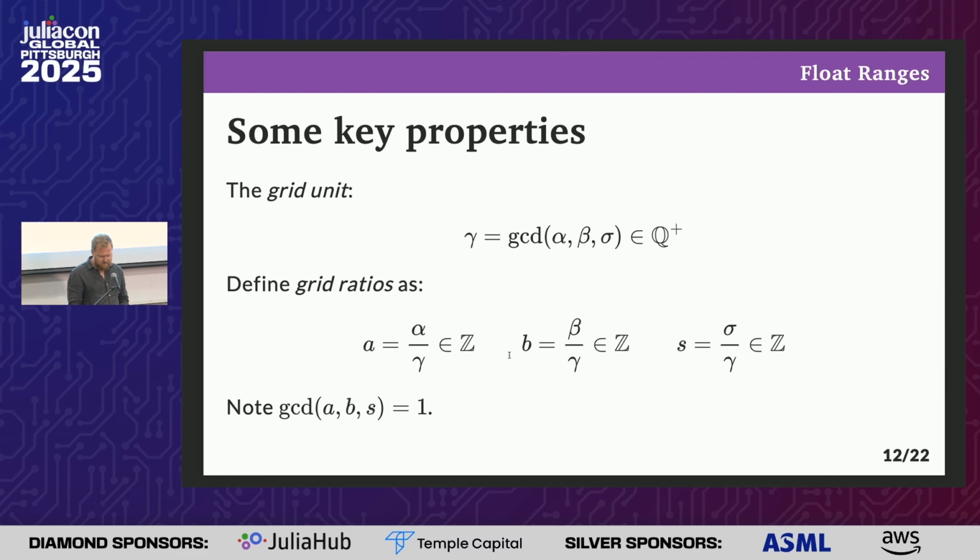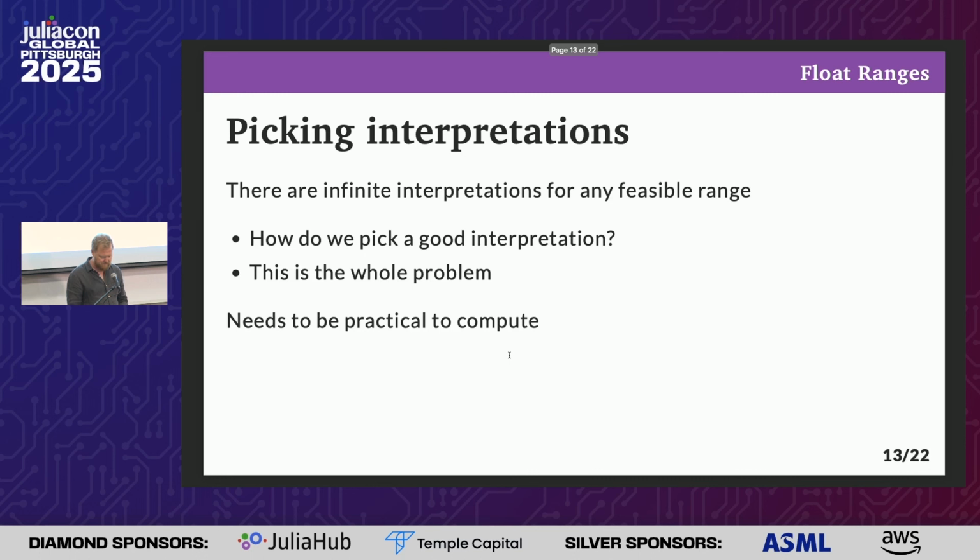They're always coprime. Okay, so the question is, how do we pick from all of the infinite interpretations? If a range specification is feasible and not degenerate, like empty or one-point intervals, then there's an infinite number of interpretations, and how do we pick a good one? This is the whole problem.